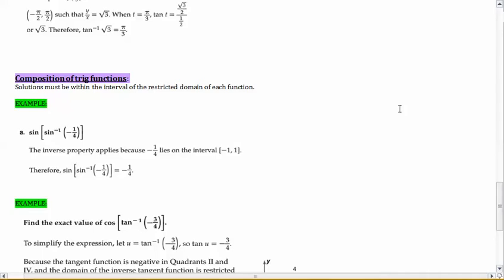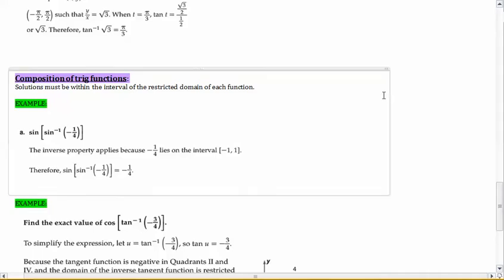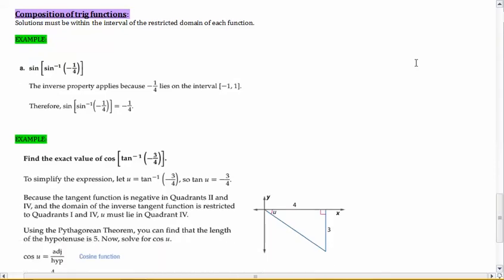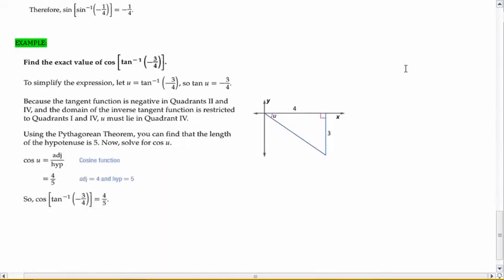The important thing on here is that you have to have a restricted domain of each of the functions. It has to apply within that area. So this question says find the exact value of cosine of tangent inverse of -3/4. So let's look at the tangent inverse of -3/4 first. We're going to let that equal u. So we have cosine of some u. That's really what we're doing. And u is equal to whatever the tangent inverse of -3/4 is.